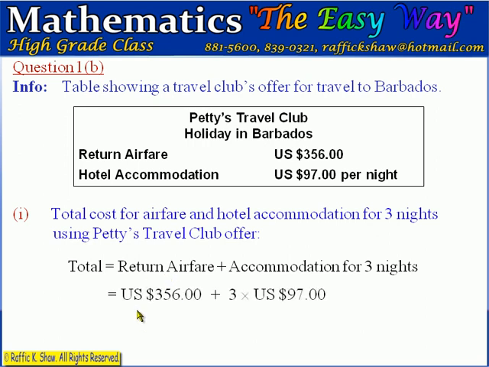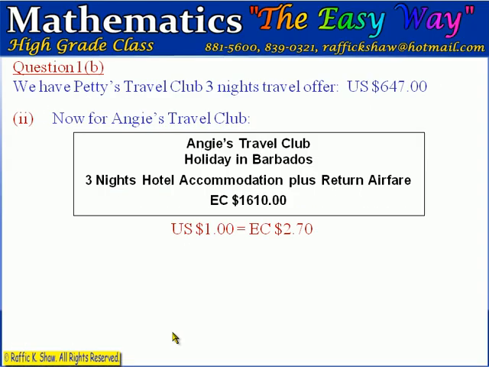And so the calculation here is US $356 for the return airfare and 3 multiplied by US $97 for the hotel accommodation. And when we do that calculation, the result is US $647. And that's the answer for part 1 of question 1b. So what we have so far is that Petty's Travel Club offer for a 3 nights vacation is US $647.